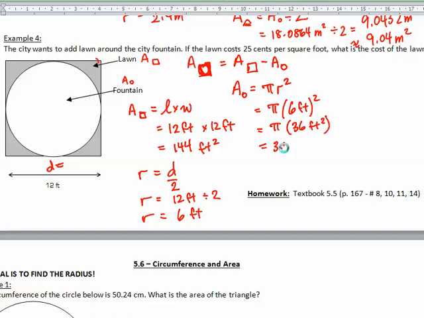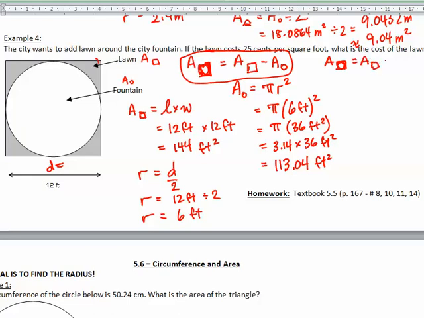So now I have pi, which is 3.14, times 36 feet squared, and my total area of my circle ends up being 113.04 feet squared. So now I go back to this formula: area of the outside equals area of the square minus area of the circle.